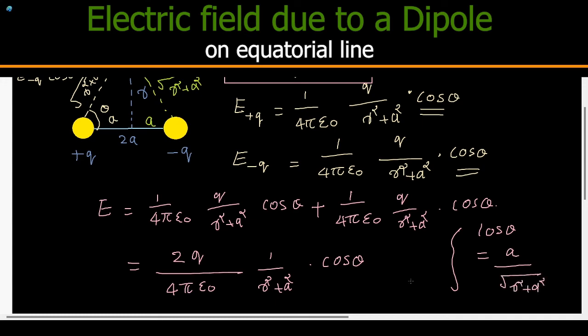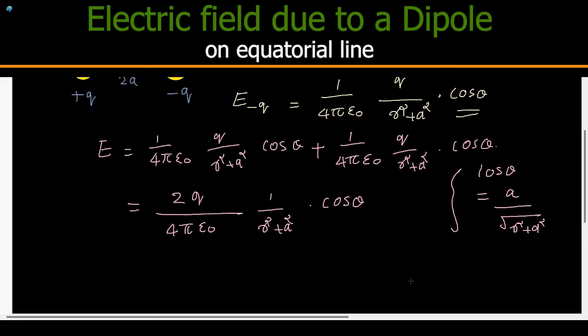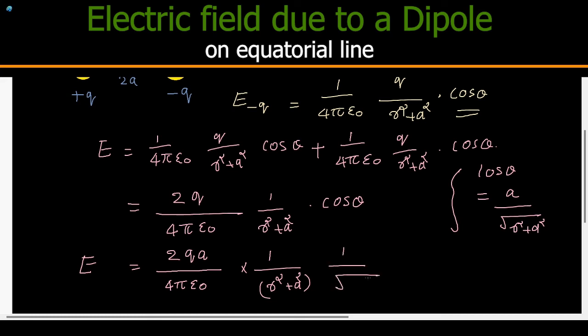If you substitute the value of cos theta in our equation, the total electric field E will become 2qa divided by 4 pi epsilon 0 into 1 by r square plus a square into 1 by root of r square plus a square.